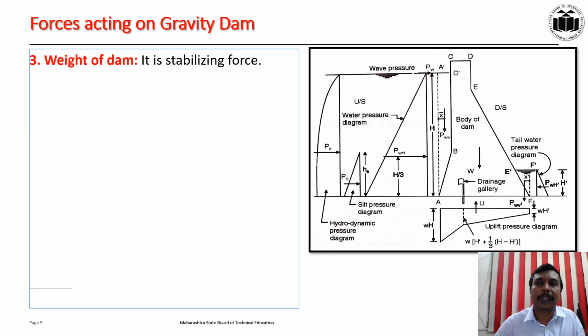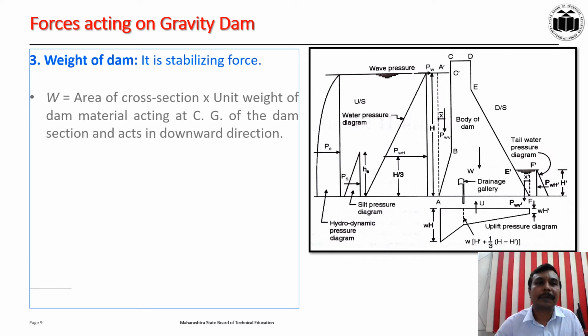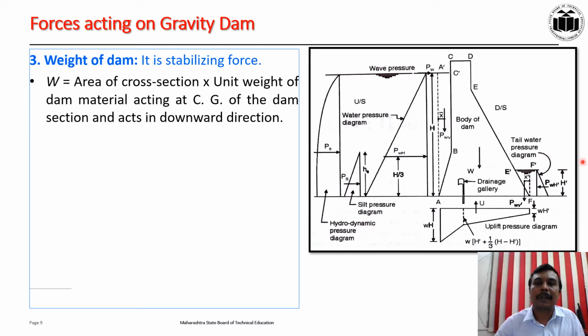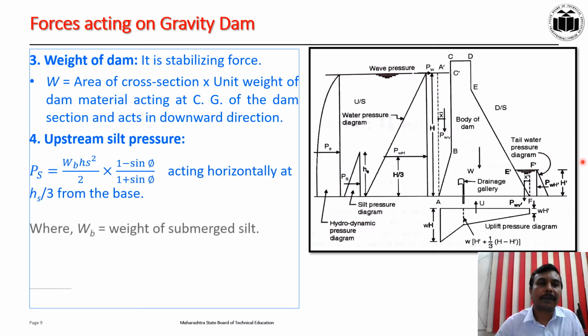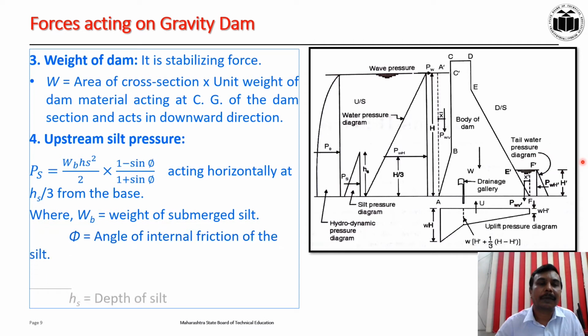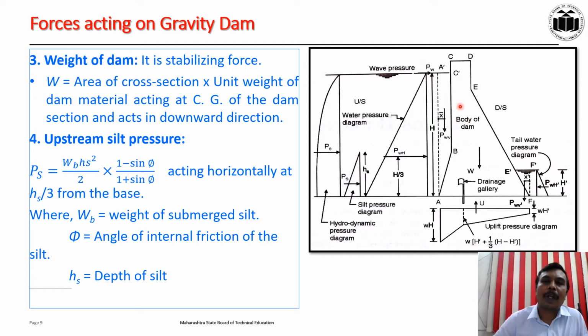Now the another force, that is the weight of the dam. See here weight of the dam. Here you are finding the body of the dam and it exerts certain pressure.